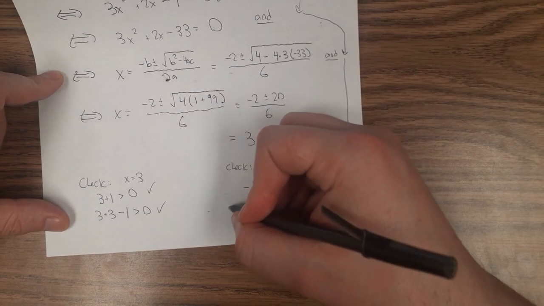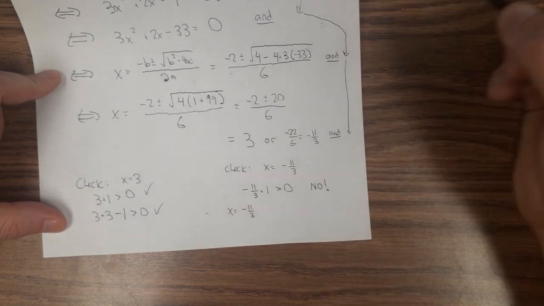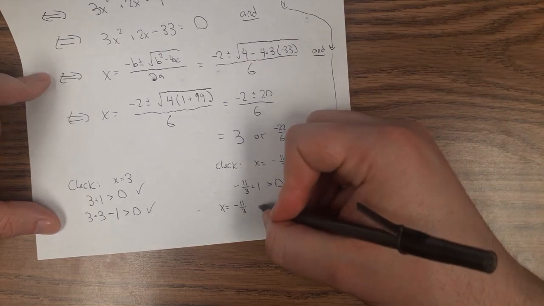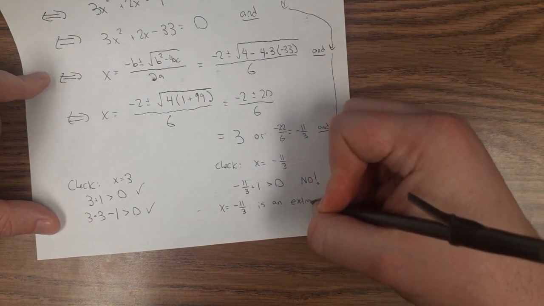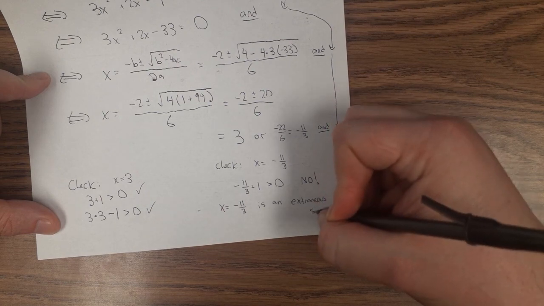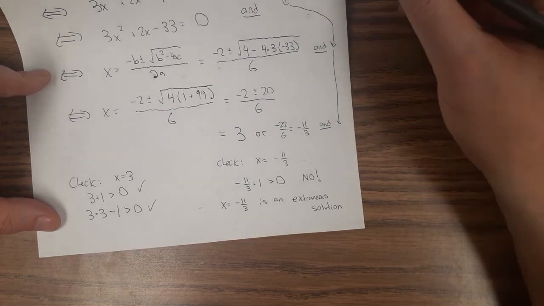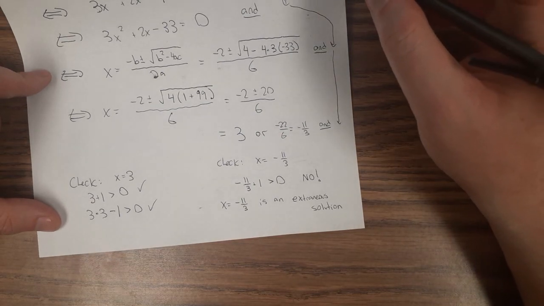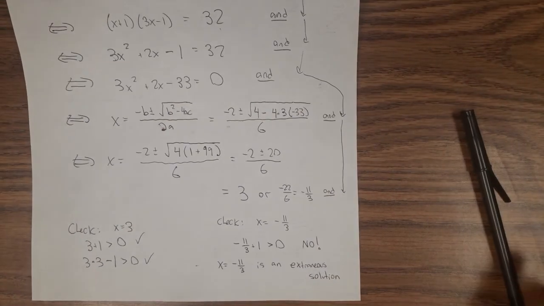By the way, just to introduce a little bit of terminology, there's a name for this. This is called an extraneous solution. The word extraneous, roughly speaking, kind of just means not real.